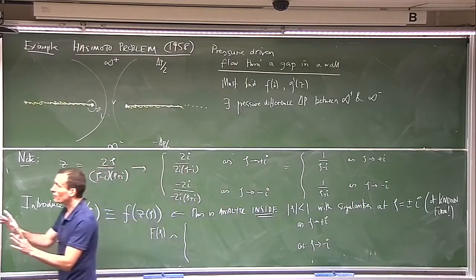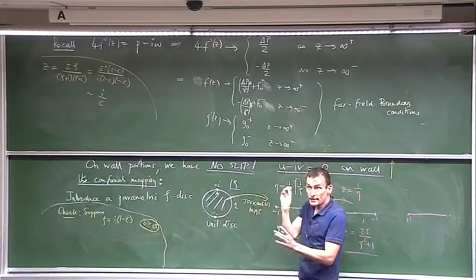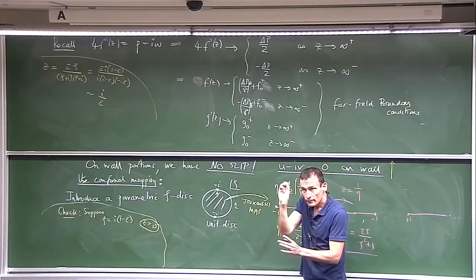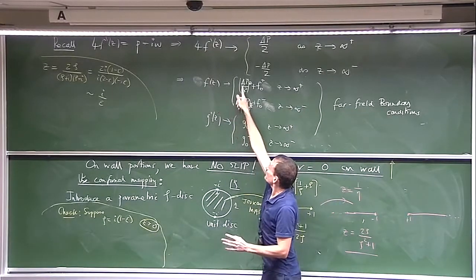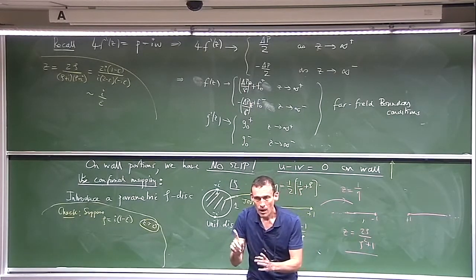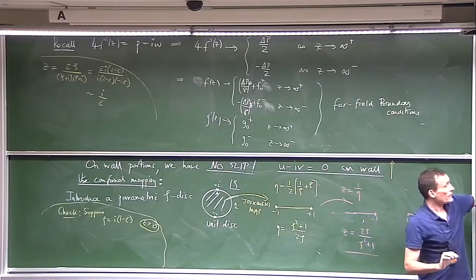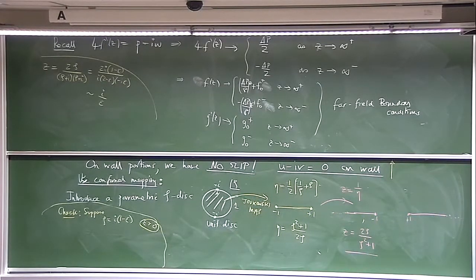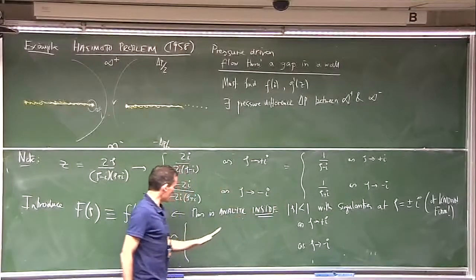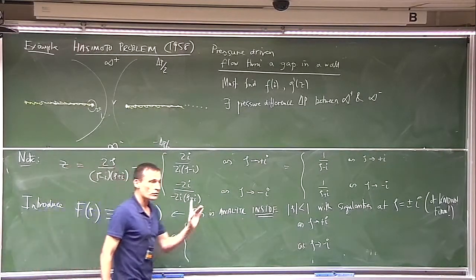Well, look. Z tends to infinity plus is zeta going to plus i. And F goes like delta P Z over 8. But as zeta goes to plus i, Z goes like this. So what does F of zeta, which is F composed with Z, go like as a function of zeta?